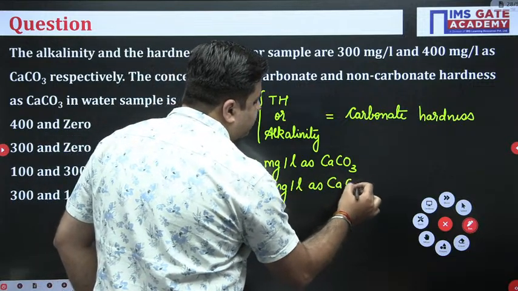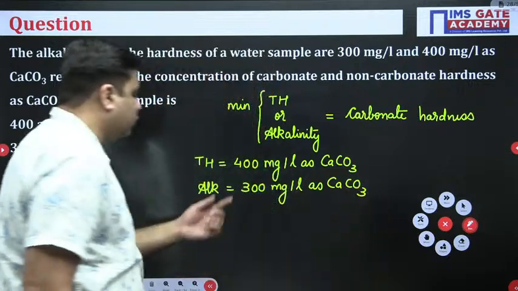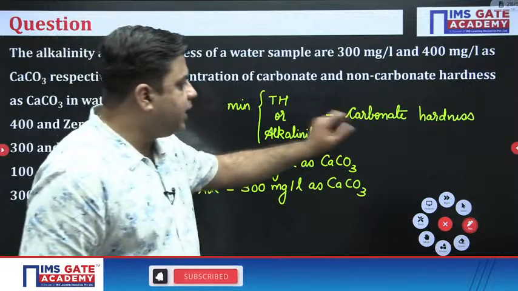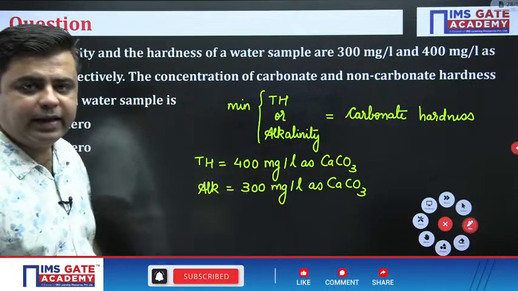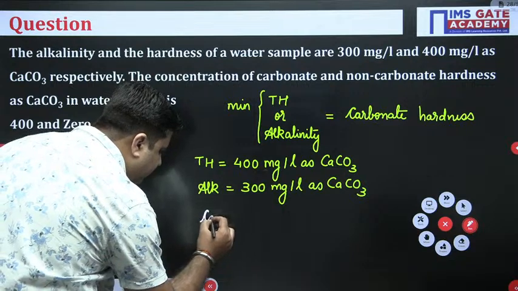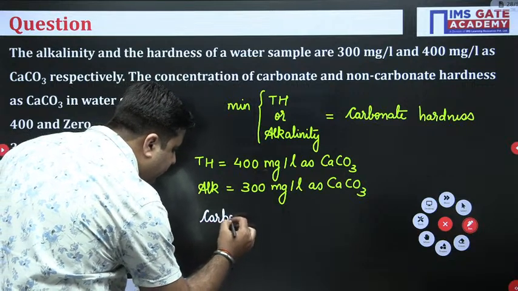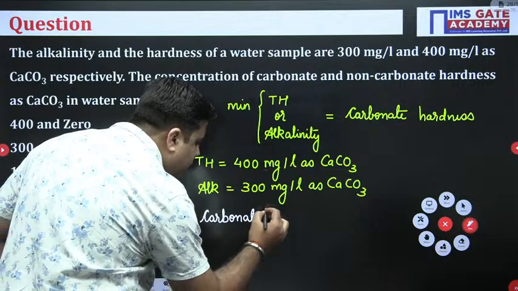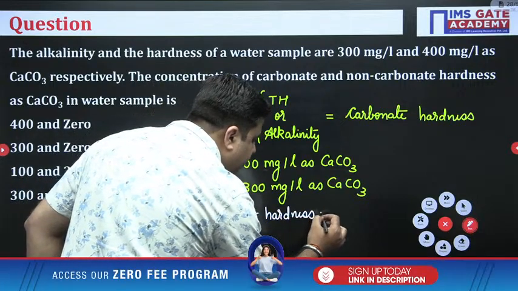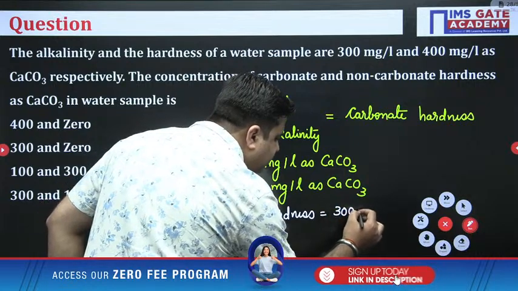So which one is minimum? You can see that alkalinity is the minimum, 300. So carbonate hardness is equal to 300 milligram per liter as CaCO3.